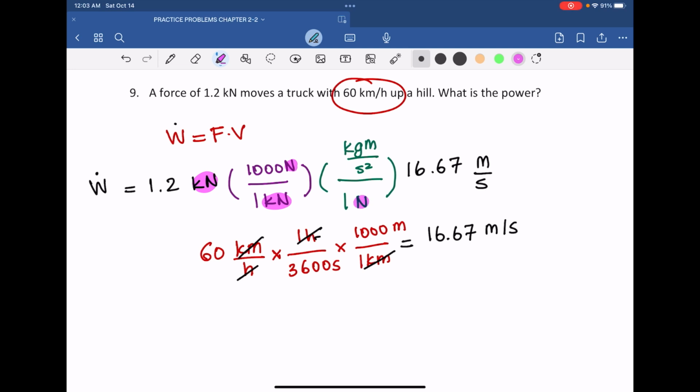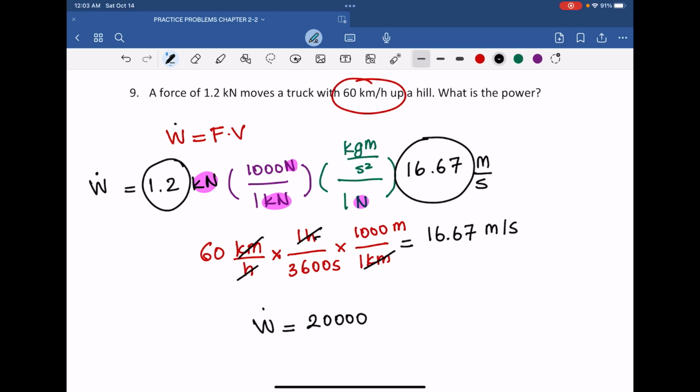What we are left with is units. If you do the calculation, this times that, it should be 20,000. The units are kilogram meter squared per second cubed.